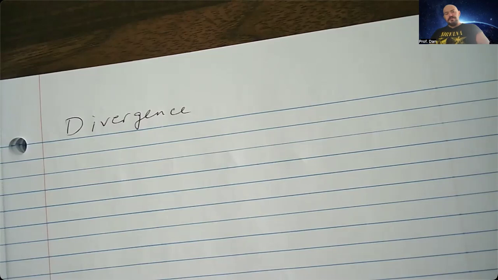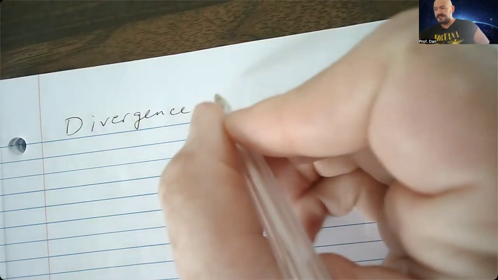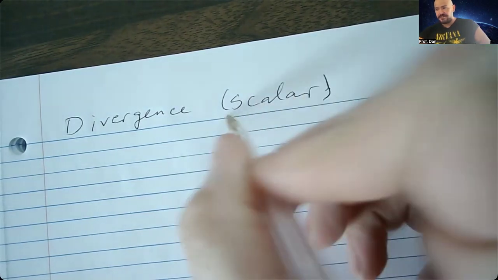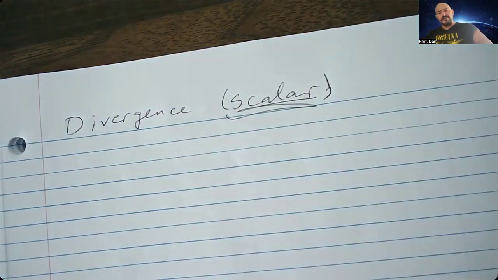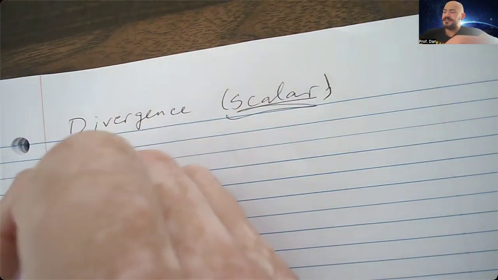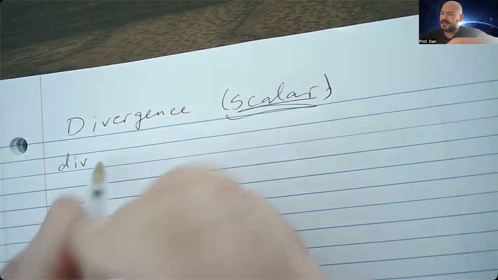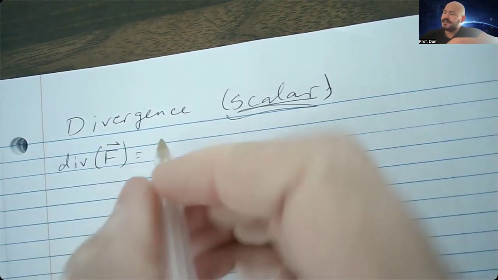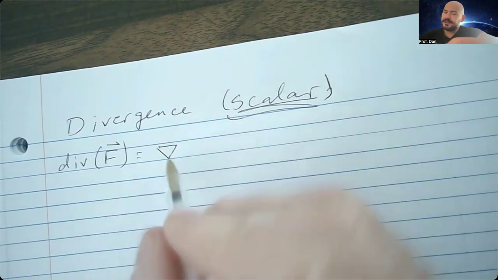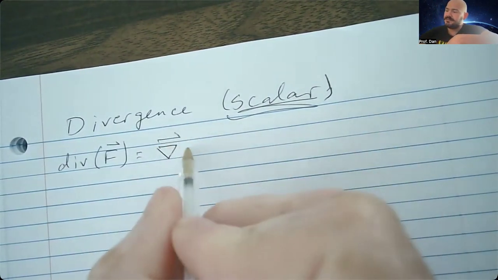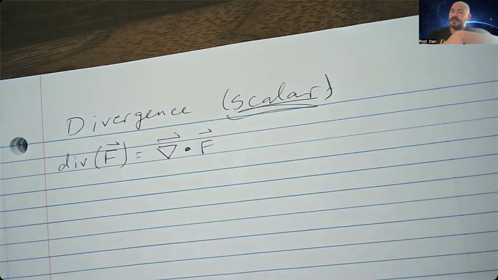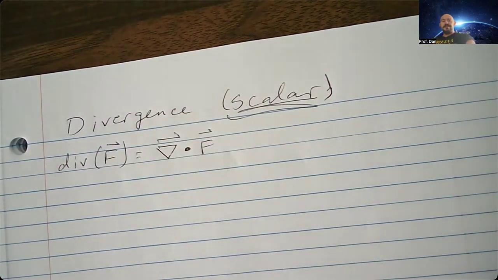All right, so this one, divergence is a scalar. And the divergence, which we denote as div of a vector field F, is equal to our differential operator del dot vector field F. So this time, instead of taking a cross product, we're taking a dot product.